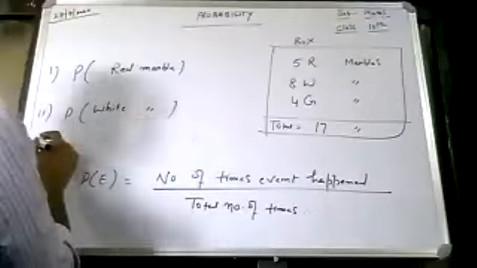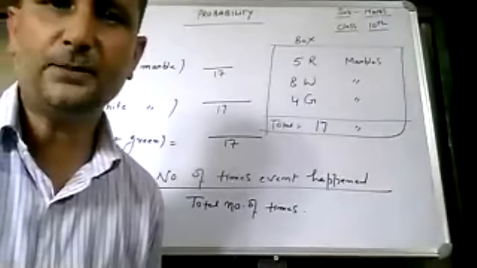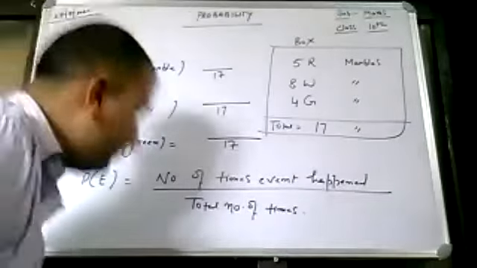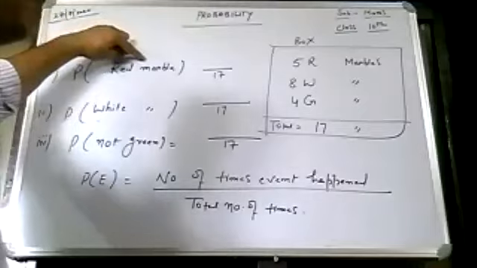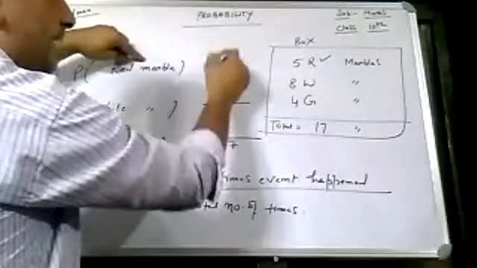Next part, white marble. Next part, not green. सो क्लास टोटल कितने मार्बल्स हैं यहाँ पे? 17. मींस डिवाइड किससे करना है क्लास? टोटल नंबर ऑफ टाइम्स मींस 17 से you are supposed to divide. So in the first case, probability of red marble, how many are red? 5 are red, so this is 5/17.